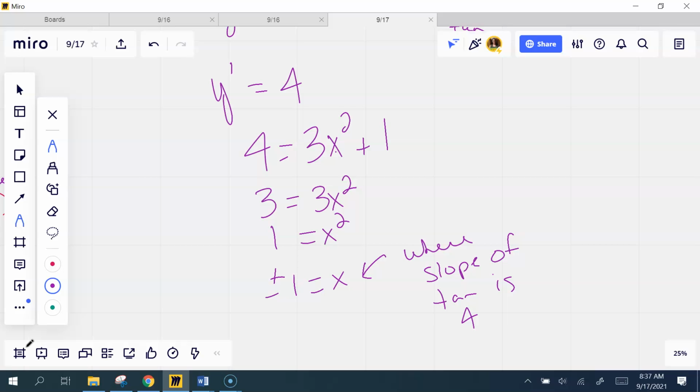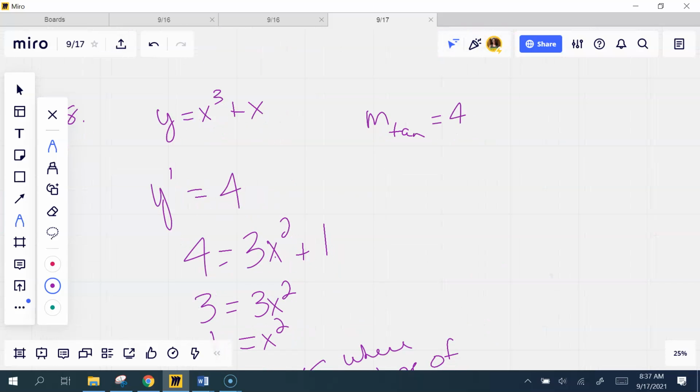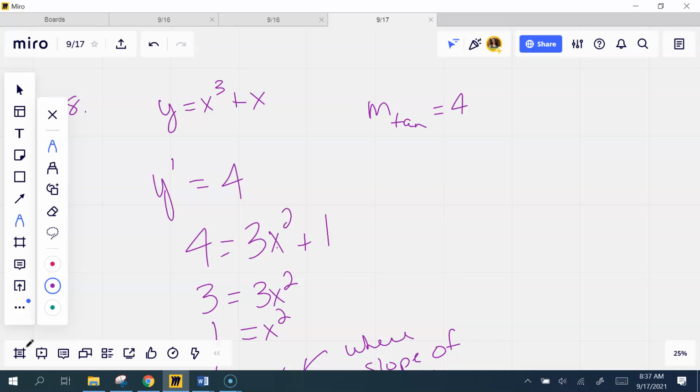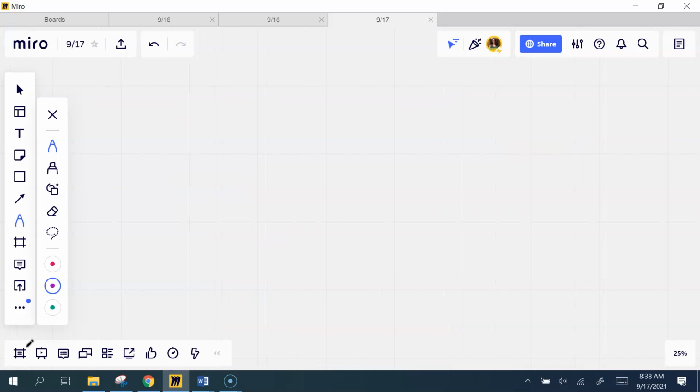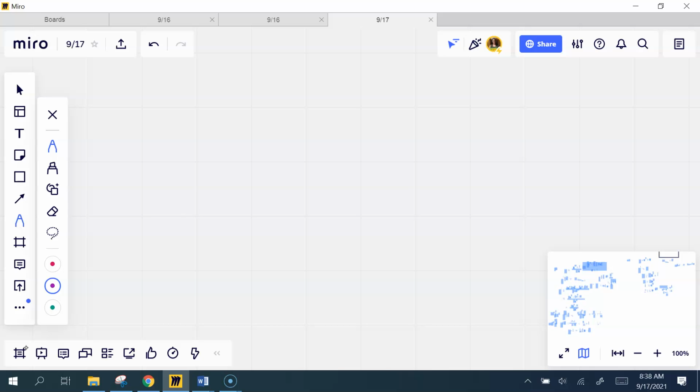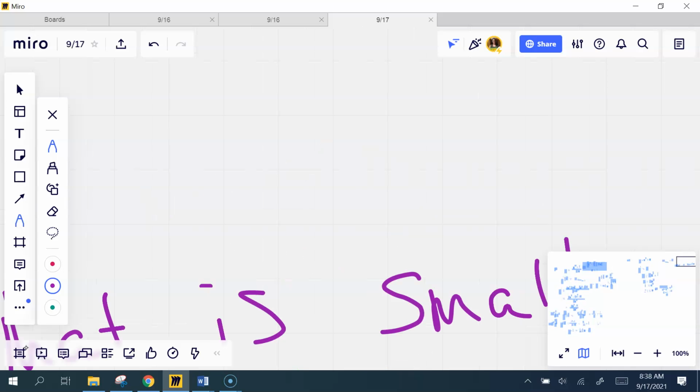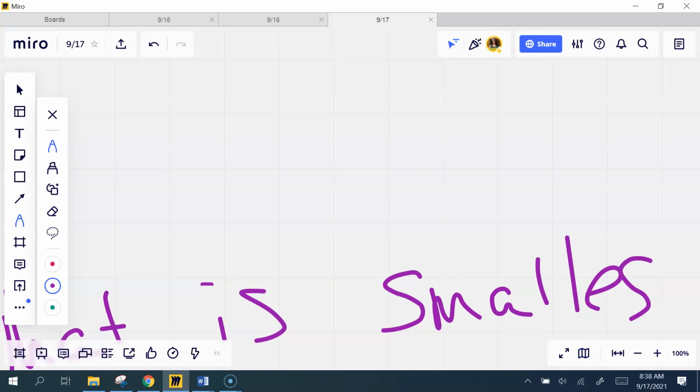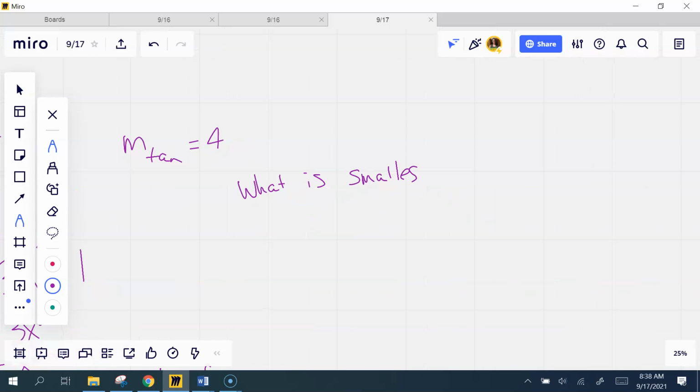At 0. At horizontal. When the limit is 0. What is the smallest slope, and where does this happen?